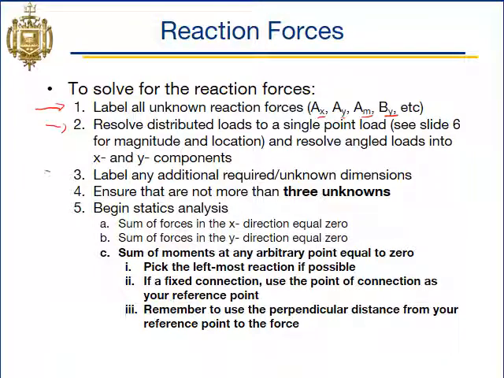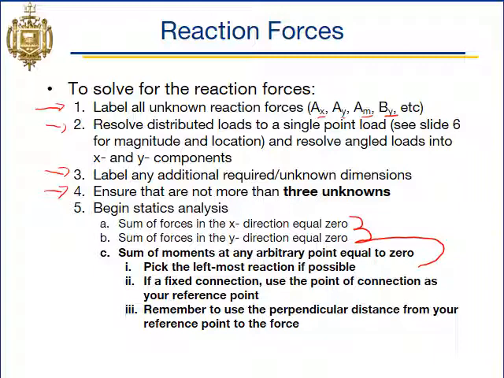If there's any dimensions you think you need, go ahead and label those out. And then go ahead, make sure that you don't have any more than three unknowns, right? Remember, in 2D static equilibrium, we can only have three unknowns and three equations. And here are our three equations: sum of forces X, sum of forces Y, and sum of moments about an arbitrary point, all equal to 0.